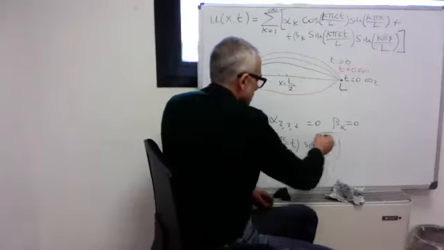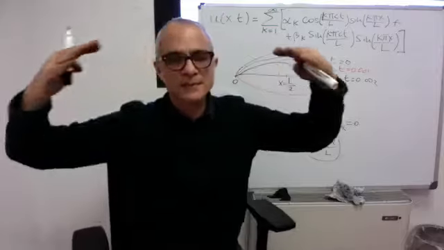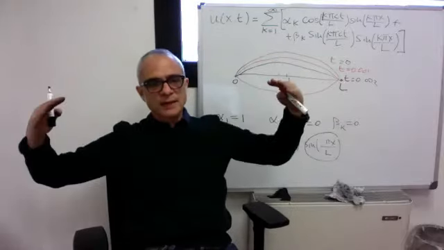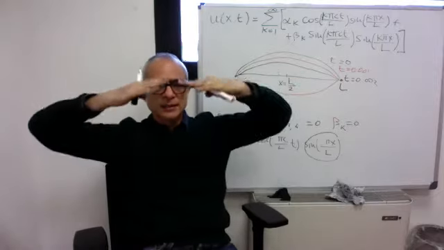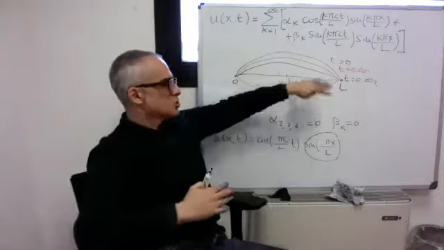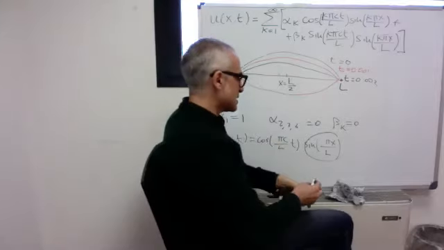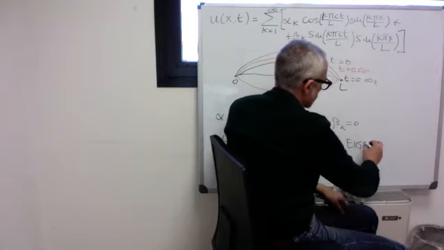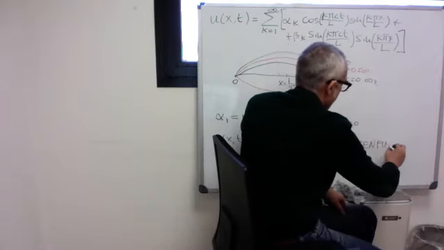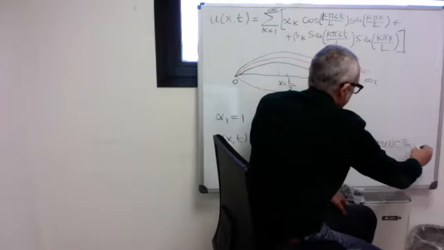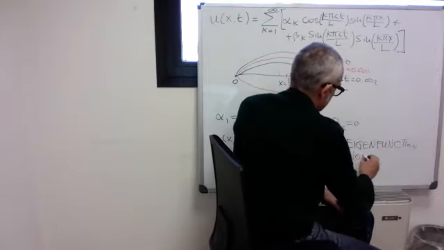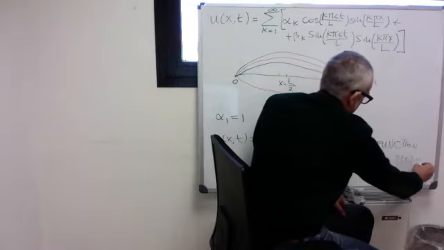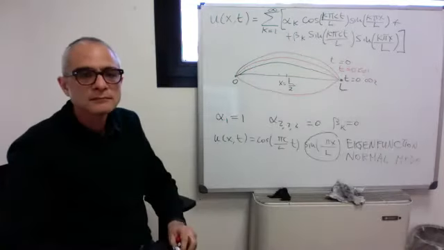This sine function that describes the shape of the string at a given moment in time, which will change in amplitude but the general shape will be the same, is called the eigenfunction, spatial eigenfunction, or normal mode, or mode of the string.